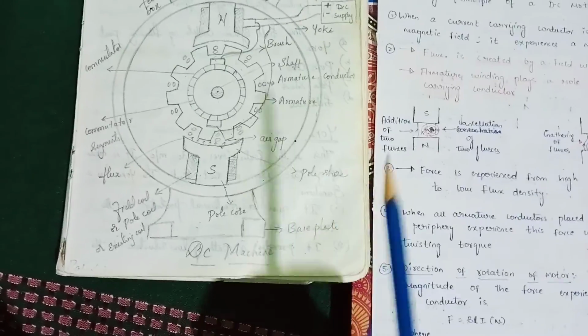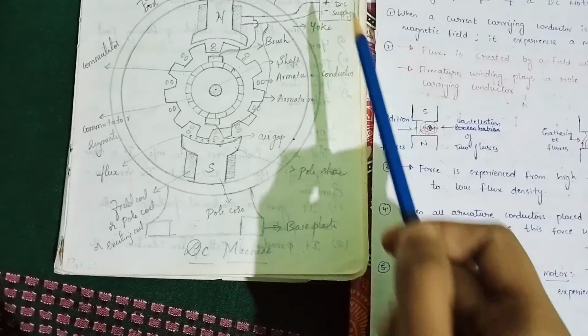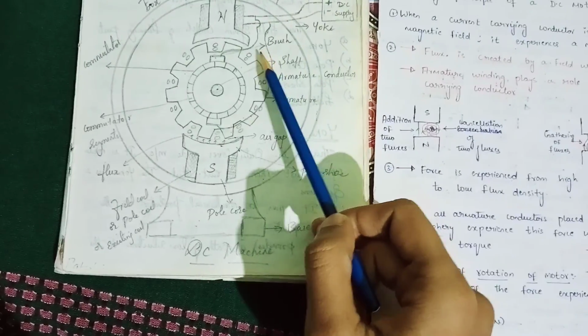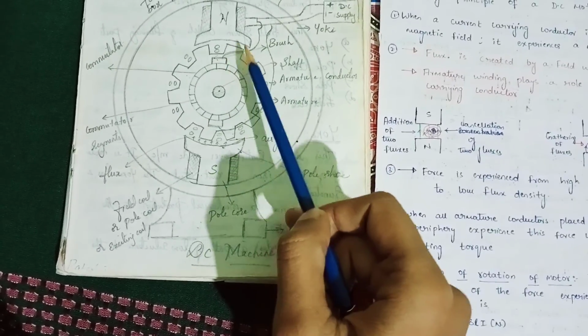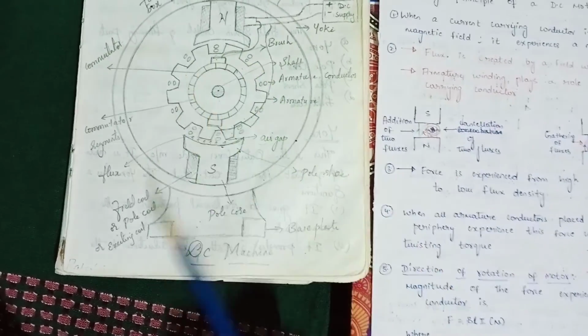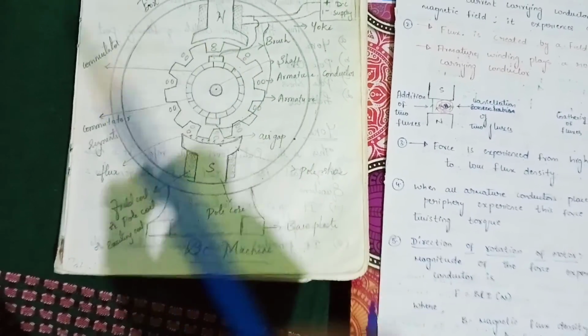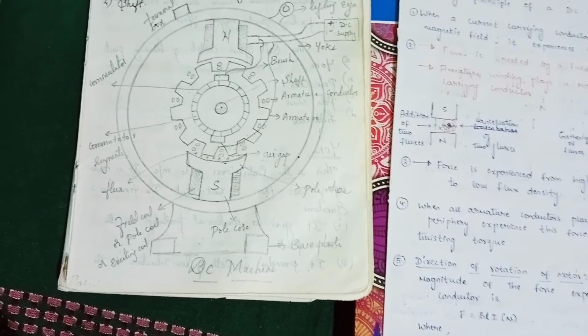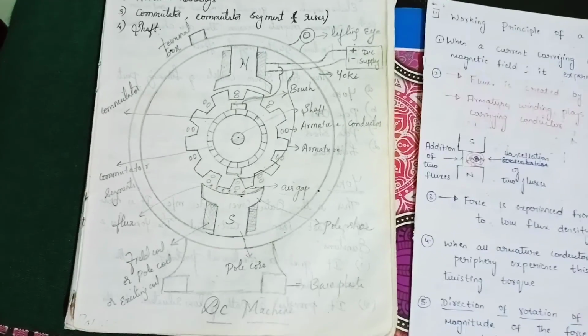But in the DC motor, it is vice versa. It converts the direct current which flows to the armature through brushes connected to the commutator. This commutator will convert DC into AC. Okay, this is the simple construction of DC motors.